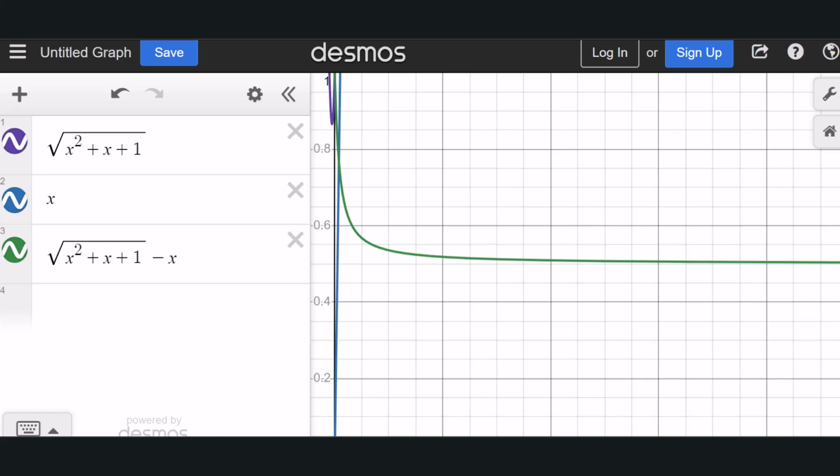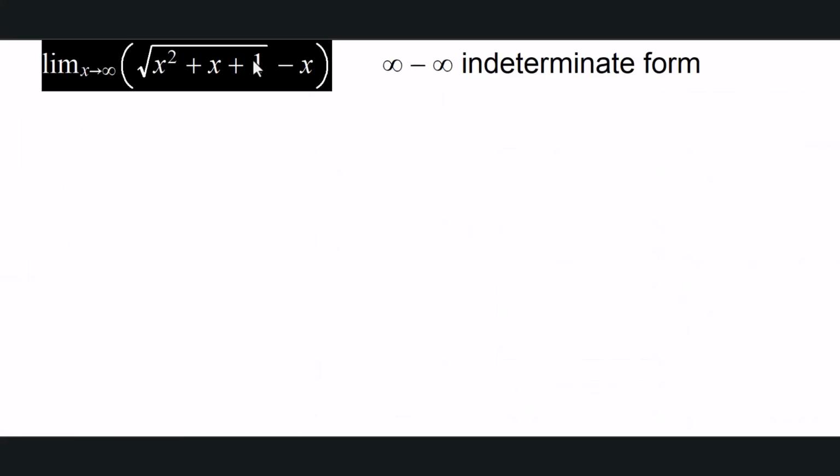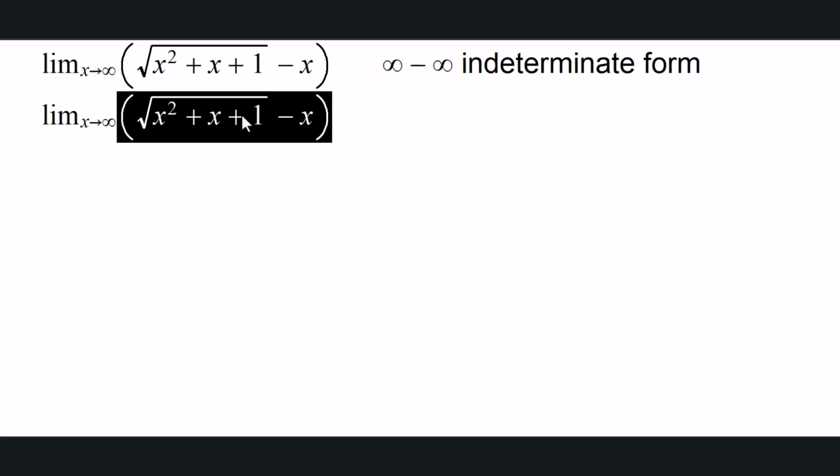So let's try to see that analytically or algebraically in this case, because I don't think I can very quickly think of using L'Hopital in any manner here.